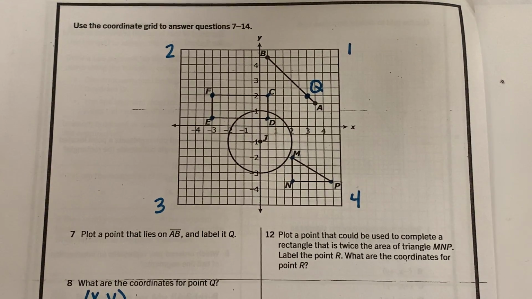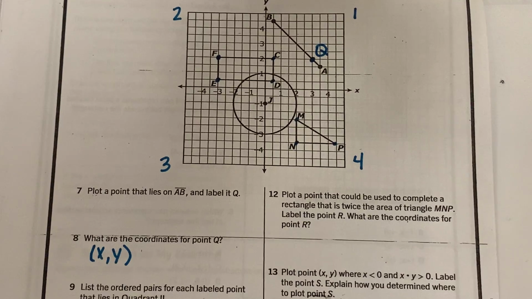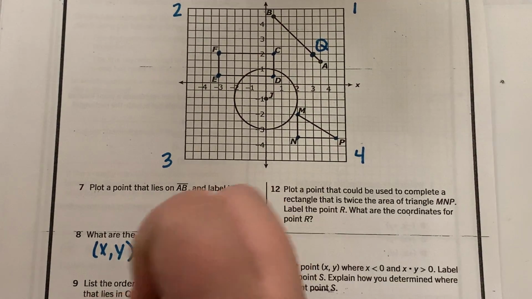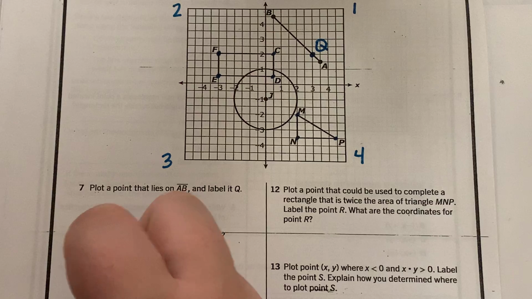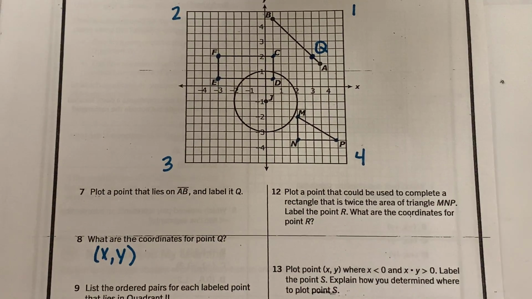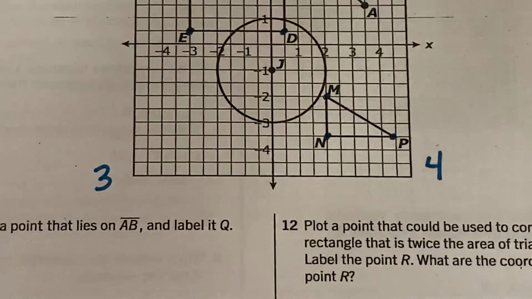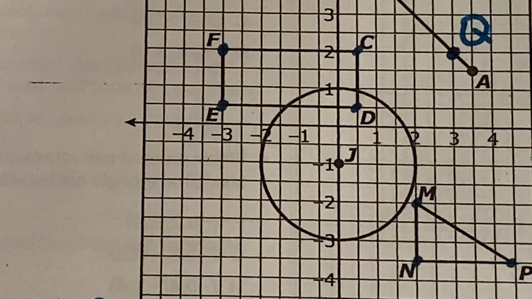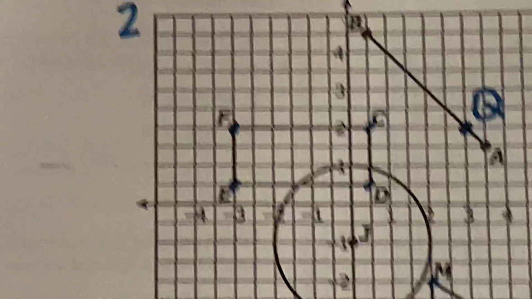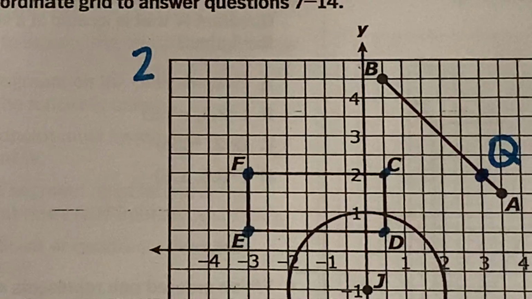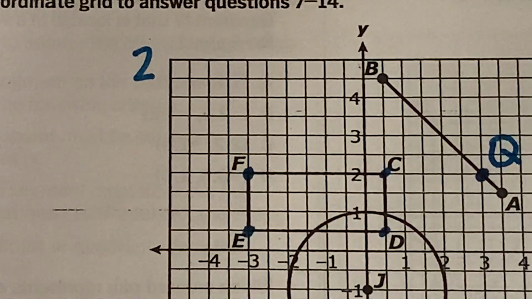Okay, I will help you with one of these. Let's look at point E. Okay, when we take E and we trace it back to our X. What I mean by trace it back is just follow the line until you land on the X axis.